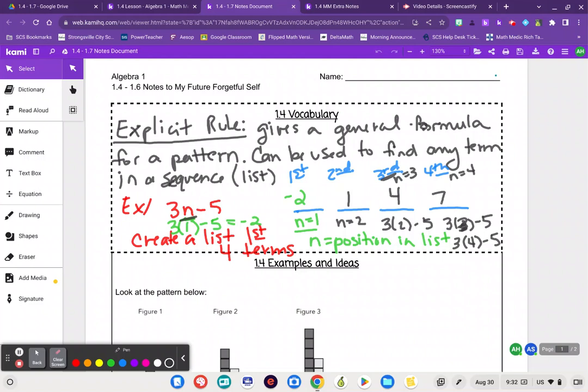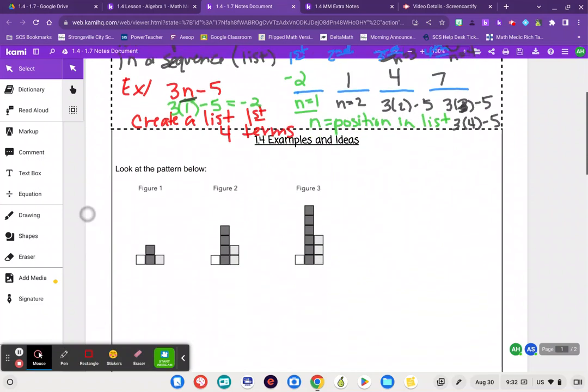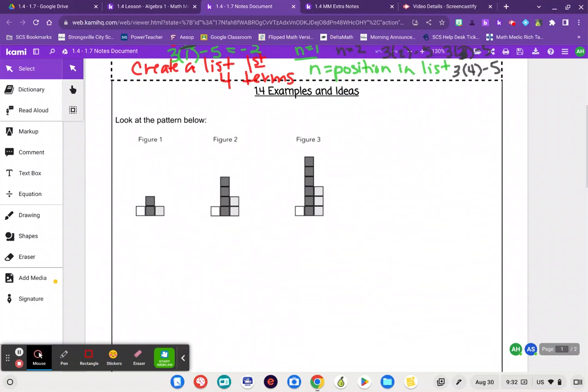All right, so we're going to take this a step further. We're going to take a look at some examples. Here we go. It says, look at the pattern below. So again, I have this picture, and it looks like this picture keeps changing. I'm going to start counting. I have 4 squares in this first figure.